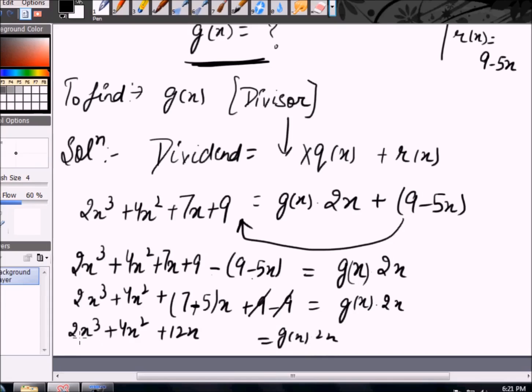We can take 2 as well as x common from these three terms and get 2x into x square plus 2x plus 6 equals g(x) into 2x.